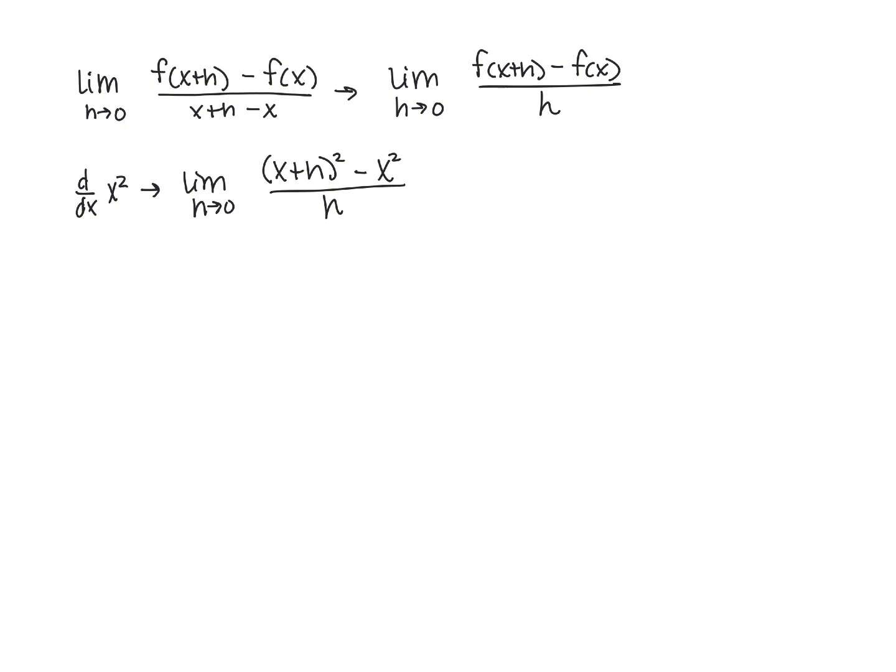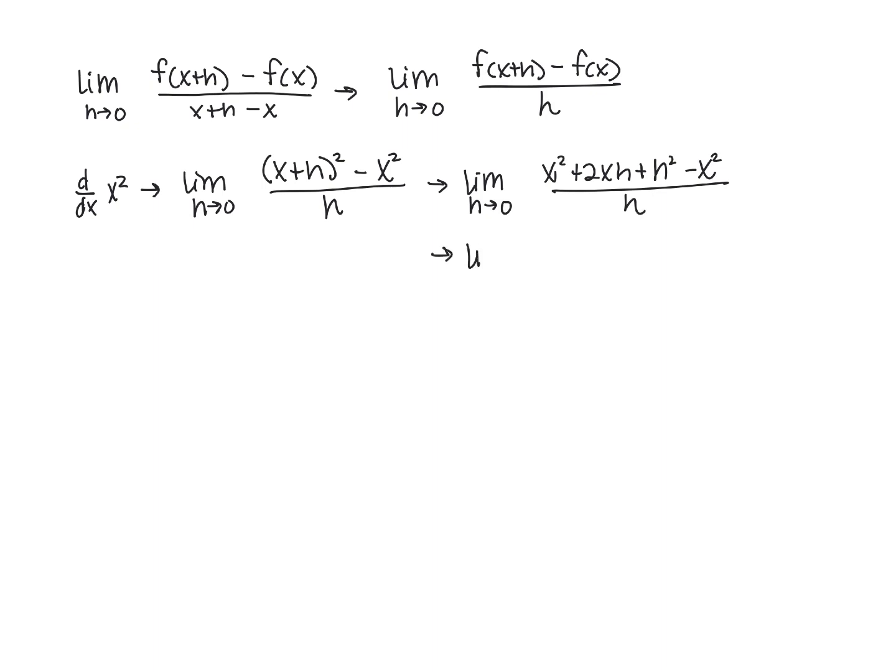Now, if I were to take the limit right now, I would get the indeterminate form, 0 over 0. And so what we've done in the past is rewrite this by expanding that binomial: x squared plus 2xh plus h squared minus x squared over h, and do some simplifying.